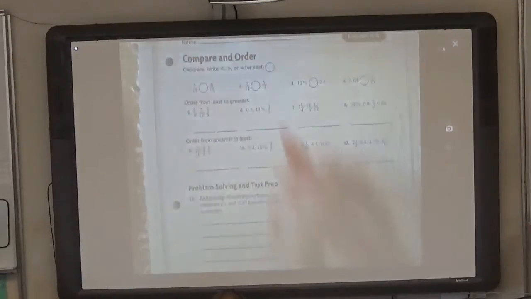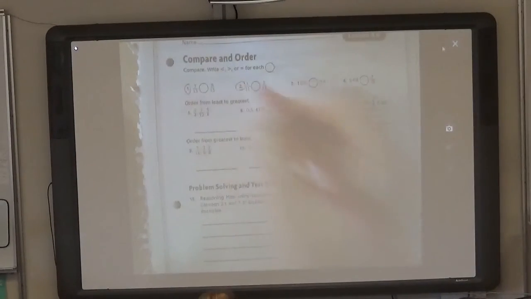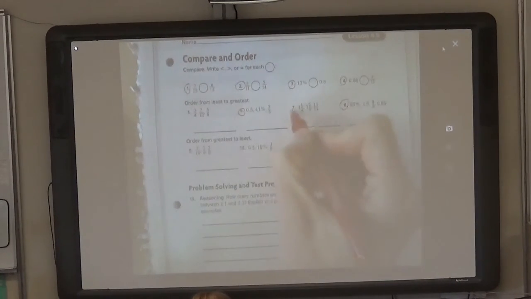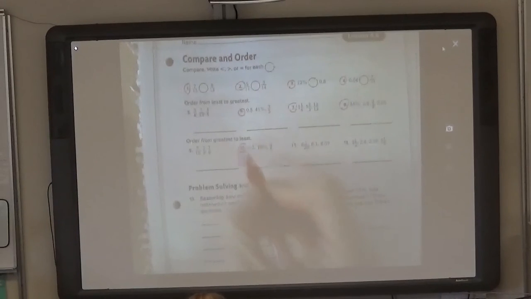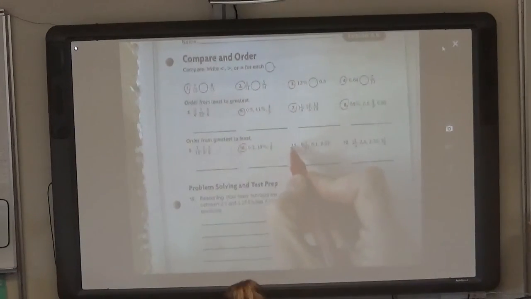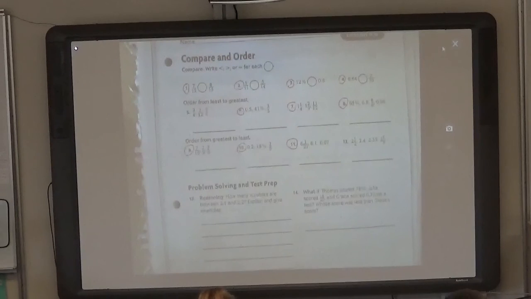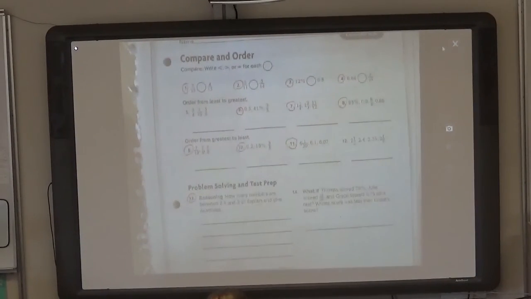Circle these that I want you to do for tomorrow. 1, 2, 3, and 4, 6, and 8, and 7, 10, and 11, and 9, and 13, and 14, and 15, and 16. Okay? Not 5 and 12. Good.